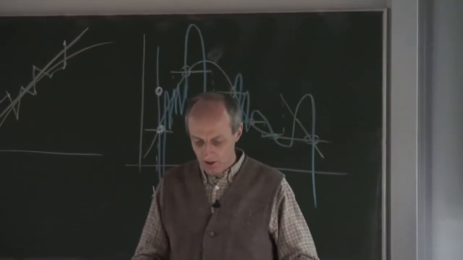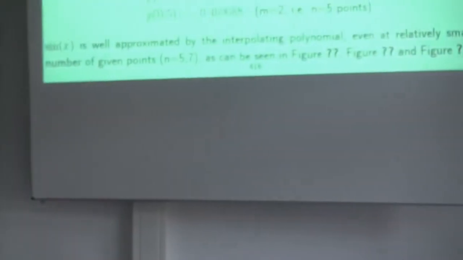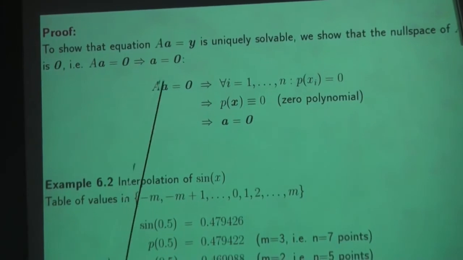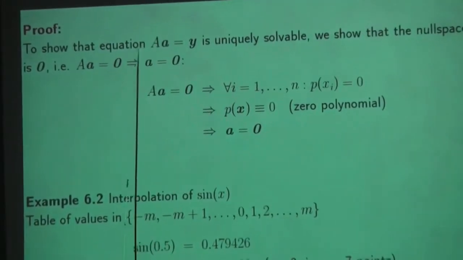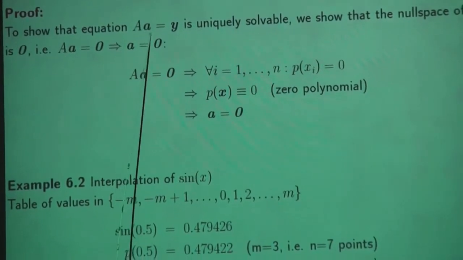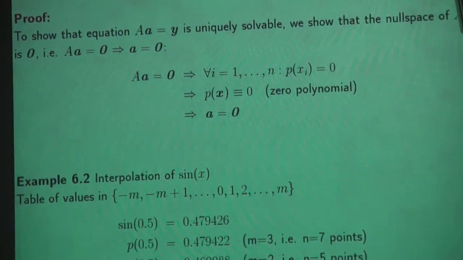Okay, and now let's look at the proof of this theorem. We want to show that this linear system, matrix A times the vector a equal to the vector y, is uniquely solvable, that it has a unique solution.